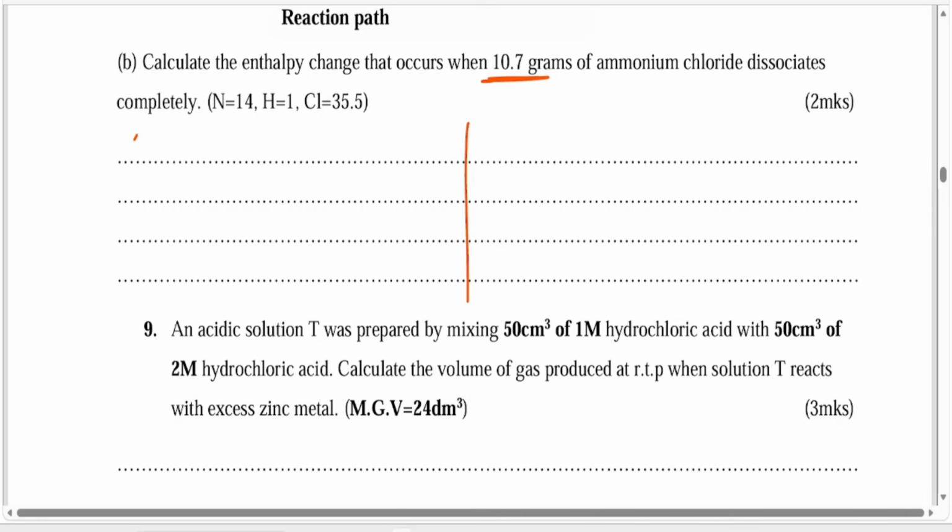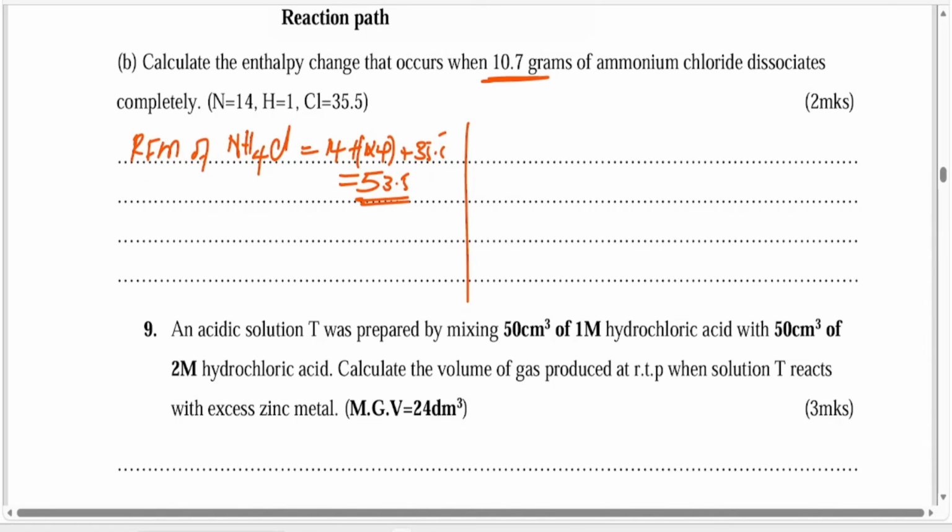So relative formula mass of ammonium chloride, we have 14 plus 1 times 4 plus 35.5, and when you work this out correctly, we get 53.5, and this is the relative mass.